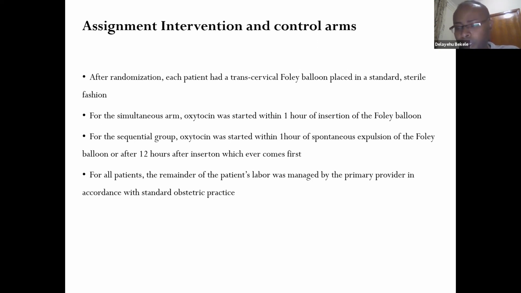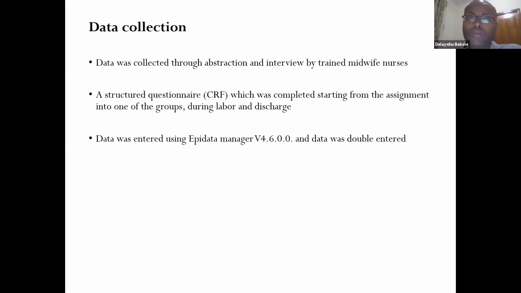For all patients, the remainder of the care and the labor follow-up was managed according to the standard protocol of the hospital. Data was collected through abstraction and interview by trained midwife nurses, and a structured case report form, CRF, was completed from the assignment into one of the groups during labor until discharge.